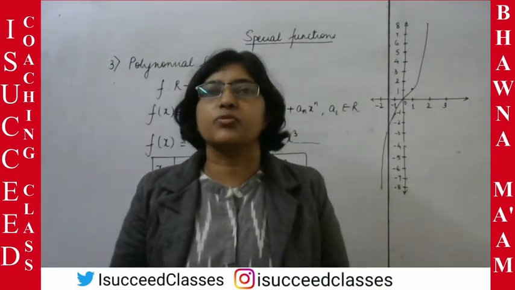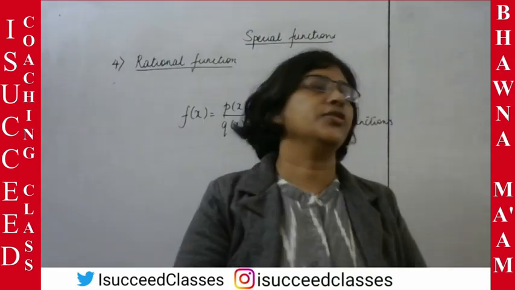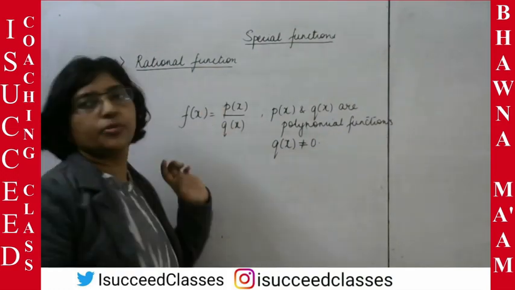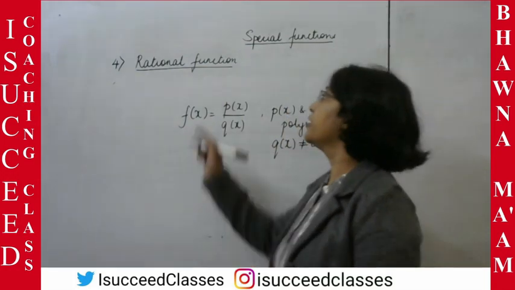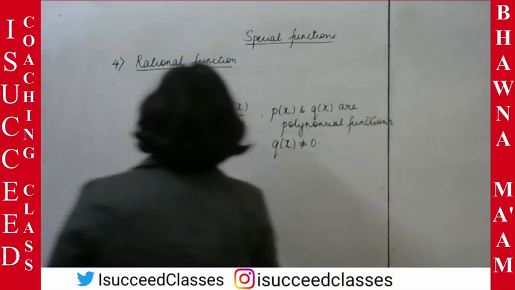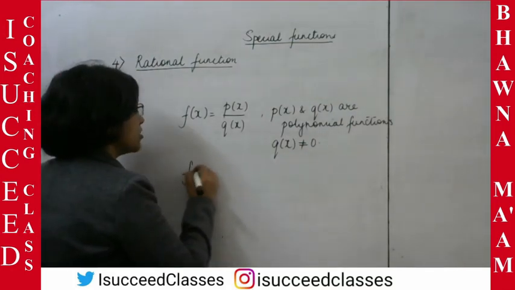In the earlier cases, we had a fixed range. The next one is a rational function, which is polynomial function upon polynomial function. If you have noticed, I have not written f from R to R in this case because it depends now, the domain may also not be fixed. It depends on the function.